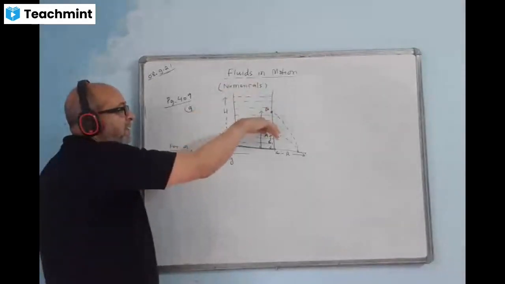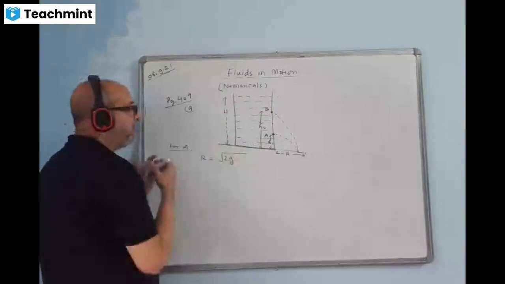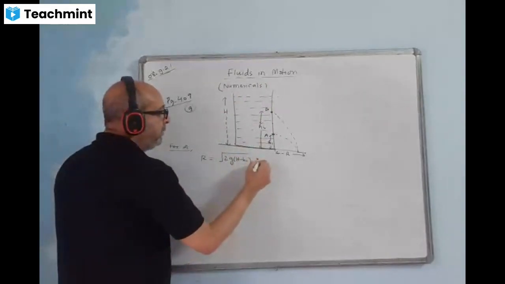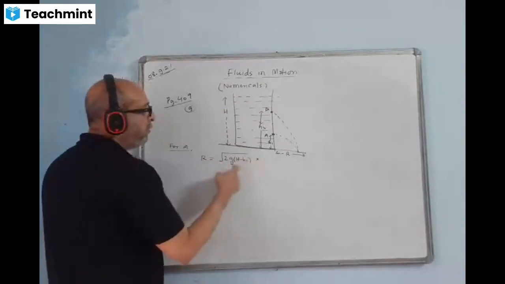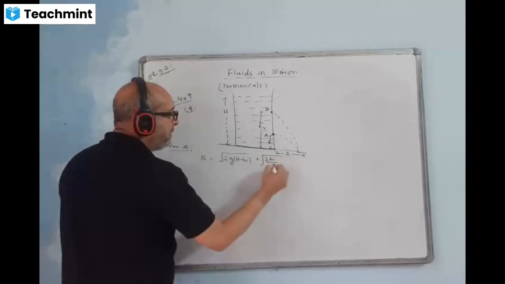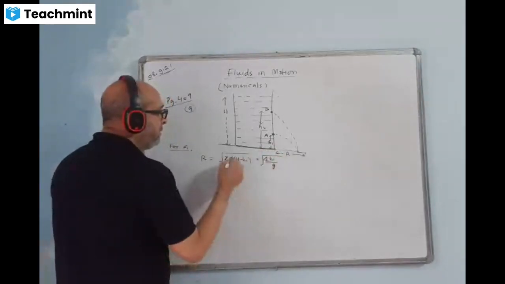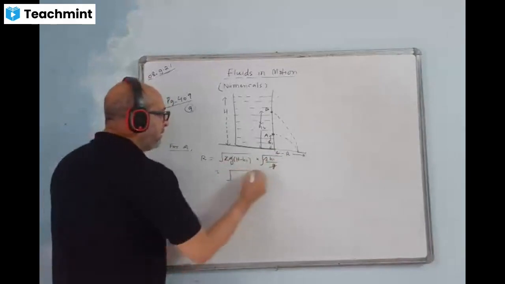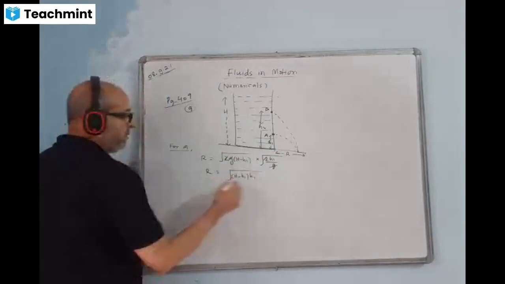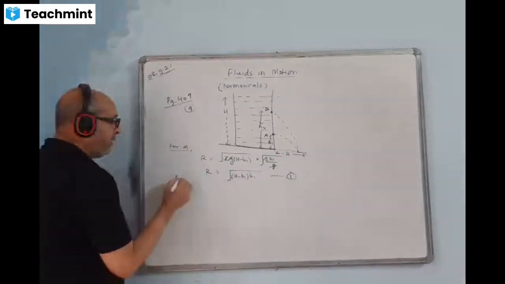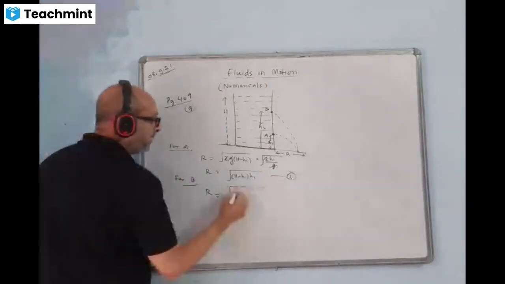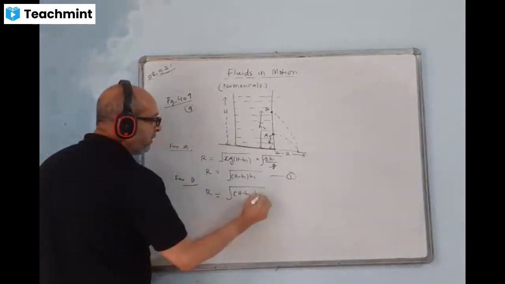This height value will come H minus h1. You can write velocity as root 2g(H minus h1), into the time. Time formula will have root of 2 into h1 by g. 2 and 2 cancel, g and g also cancel. Your answer will come as root of (H minus h1) into h1, times 2. This is the value of range for this one. This is equation 1. You can write here for B. Same way for B also we do the range. Range value will come here as root of (H minus h2) into h2, times 2.